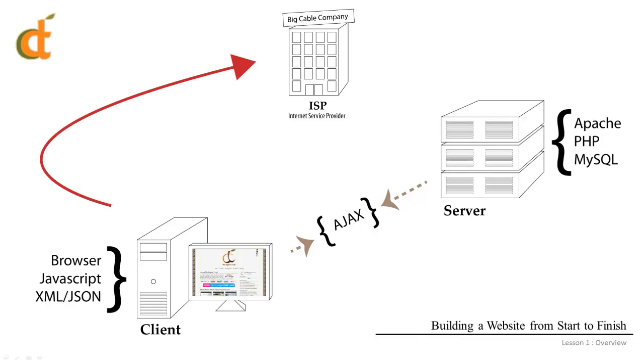So what happens when you load, let's say, the digitalcraft.com as we see on the client's computer? Your computer first makes a call to your ISP to connect to the internet, and then from there, the internet or your ISP connects to the server related to that domain name.